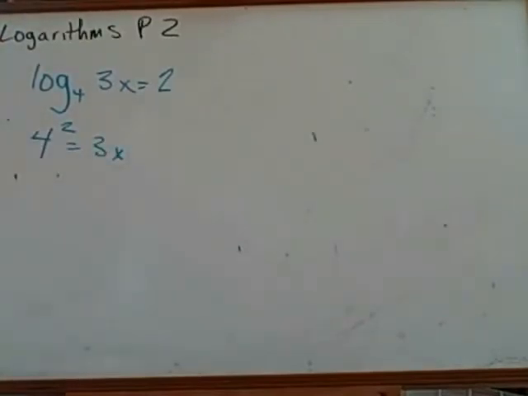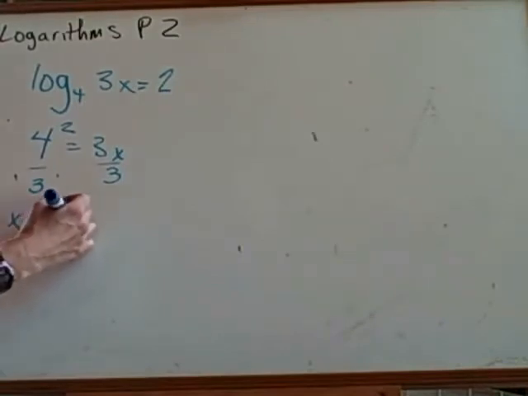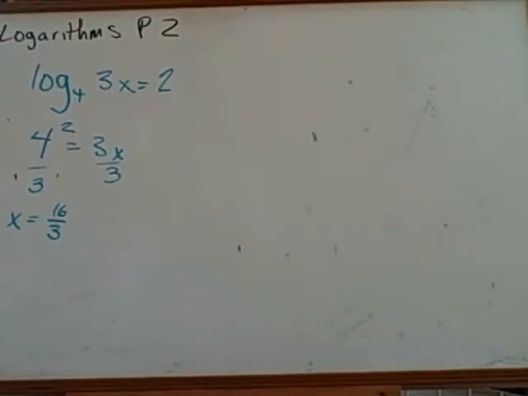Okay? And at this point, what I want to do is divide both sides by 3. Exactly. So I'm going to end up with x is equal to 16/3. And I'm good with that. I don't need to put that in a decimal or anything. That's an exact answer. If you wanted to put it in a decimal, just make sure you use the repeating symbol.